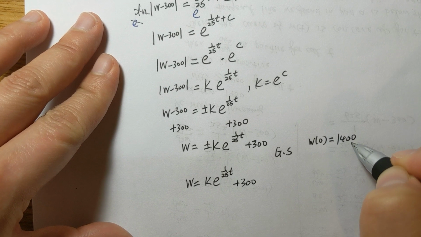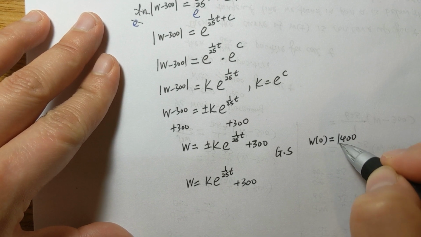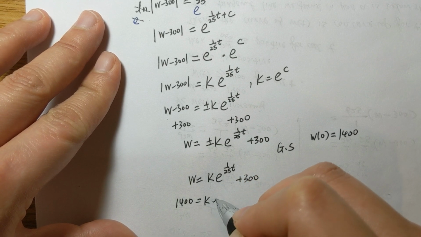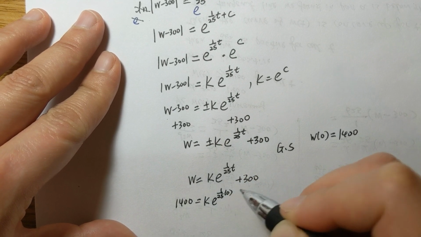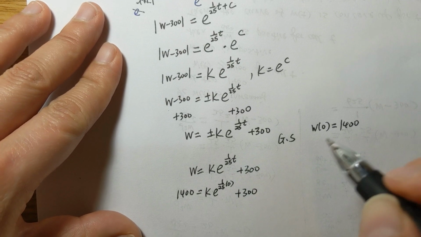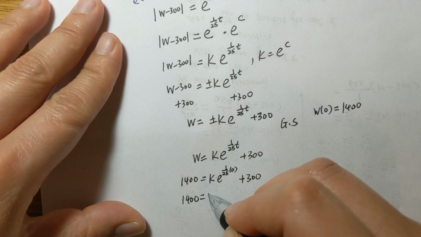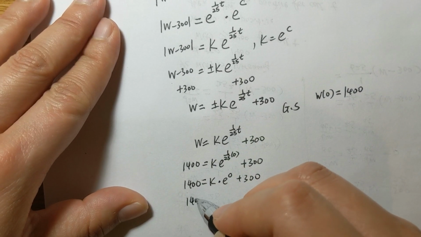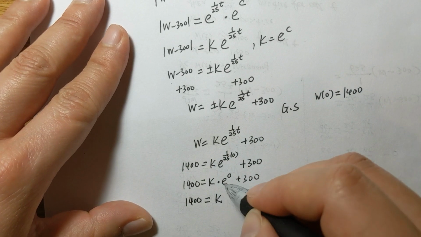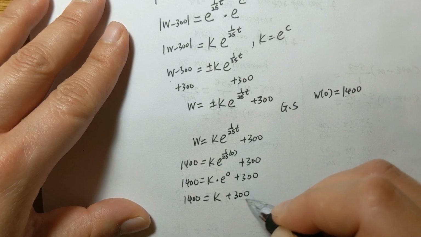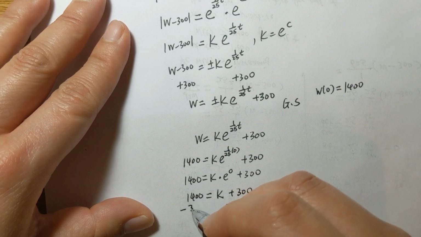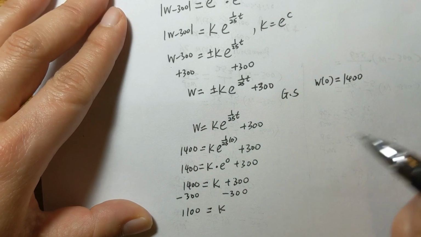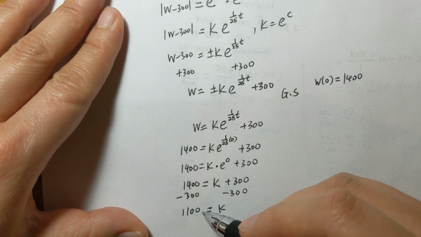And then you get 0 for t and 1400 for W. Okay, now we just solve for k. e to 0 is 1. So we found k equal to 1100.